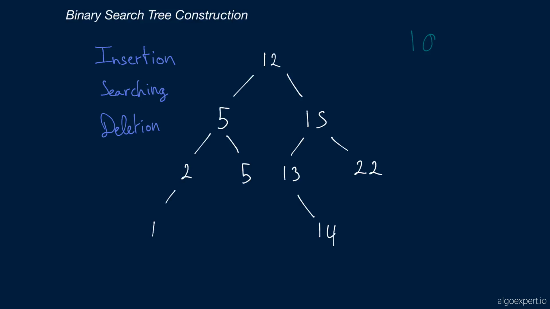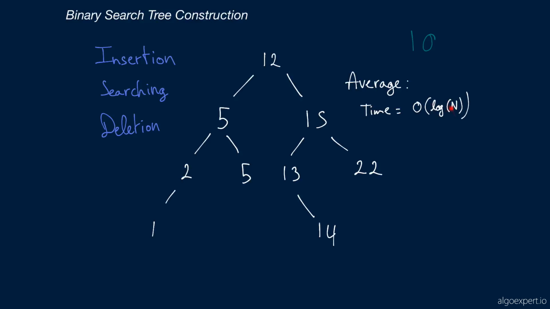Now, let's cover the space-time complexity analysis before we get into the code walkthrough. In terms of time and space, we're going to be dealing with an average case and a worst case scenario. The average case is going to have a time complexity of O(log n).